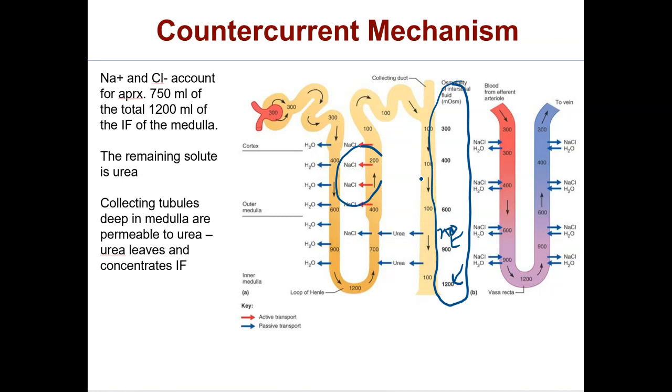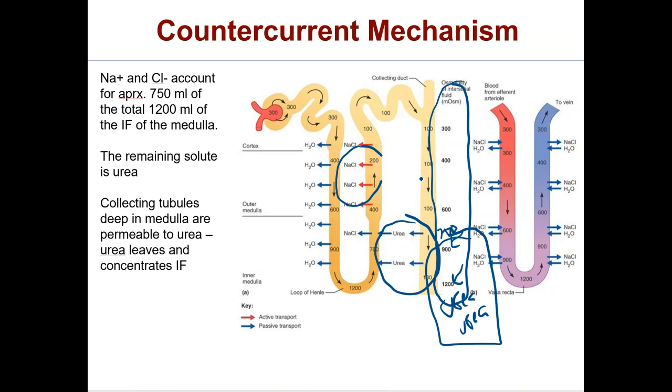And what actually helps concentrate it even more is urea. So in the collecting tubules in the medulla, urea leaves, and urea is going to go into the interstitial fluid to kind of top it off and make it even more concentrated so it can reach that 1200 milliosmoles.